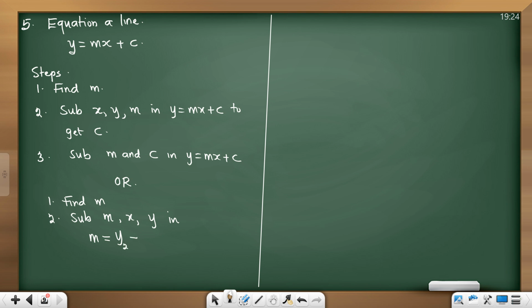Let's say y2 minus y1 and simplify. I will use both methods. Sub m, let's say x1, let me say y minus y1, x minus x1, make it simple. Sub m, x1, y1 in and simplify.